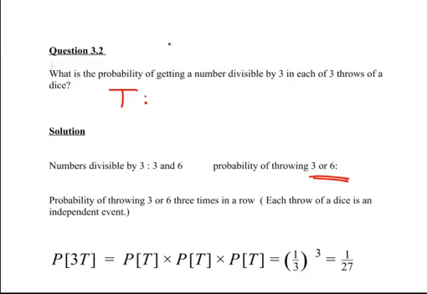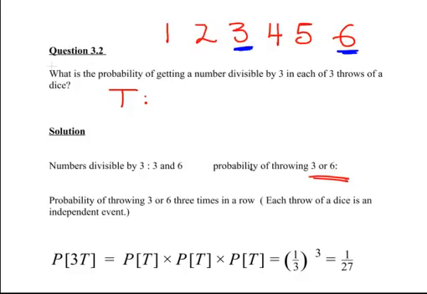Now, what is the probability of T in a single throw of a dice? Well, these are the possible outcomes of the throw of a dice: 1, 2, 3, 4, 5, 6. You have 6 numbers, and only 2 of those numbers are divisible by 3.